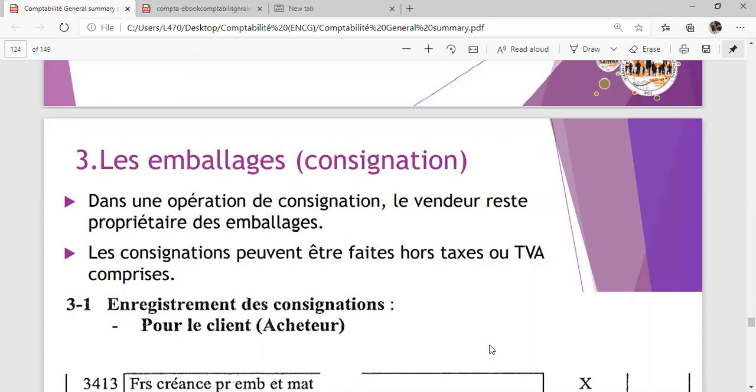So firstly, we have two main types, which is les emballages perdus and les emballages récupérables. Then under les emballages récupérables, we have two things as well. So we have les emballages récupérables identifiables. So the name just has an additional word, which is identifiable.